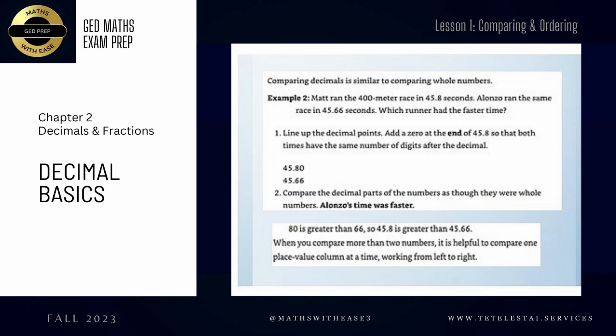The process involved with comparing decimals is similar to that of comparing whole numbers. In this example, we're told that Matt ran a 400-meter race in 45.8 seconds, but Alonso ran the same race in 45.66 seconds, and we're asked to determine which runner has the fastest time.